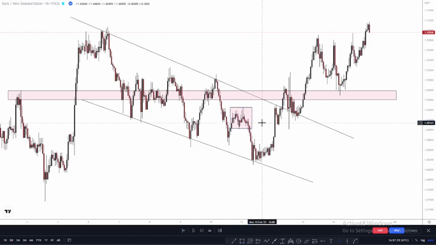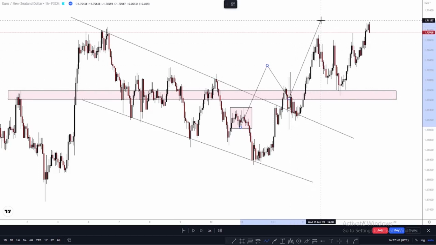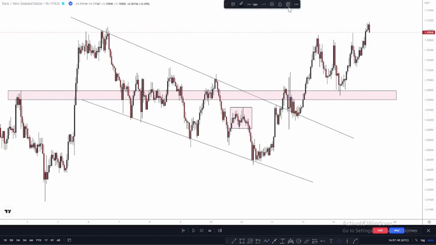So my thought process was, if the market opens and it's able to break out of this channel, all we wait for is a retest of this resistance, then we go in for longs. But fortunately for us, price came back and retested this trend line for the third time.